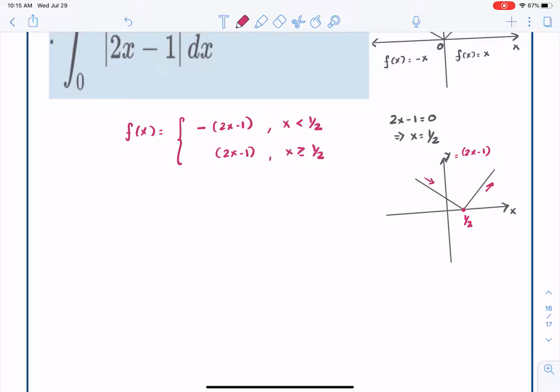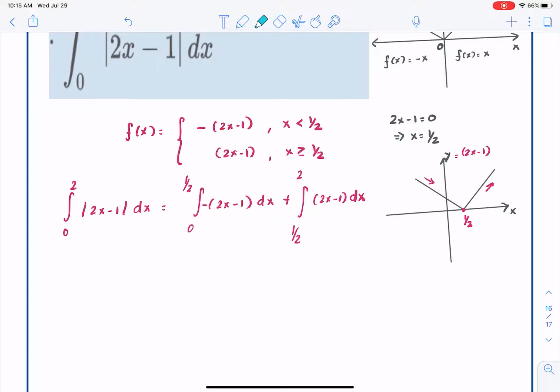We know the properties of integrals. I can split it at half. The function is negative (2x minus 1) from 0 to 1/2, and from 1/2 to 2, it would be 2x minus 1 dx.